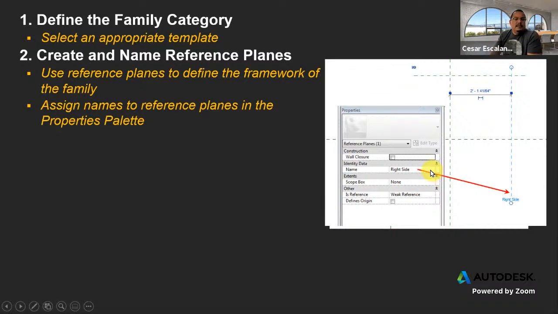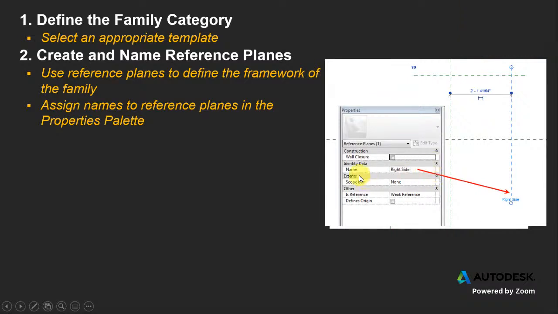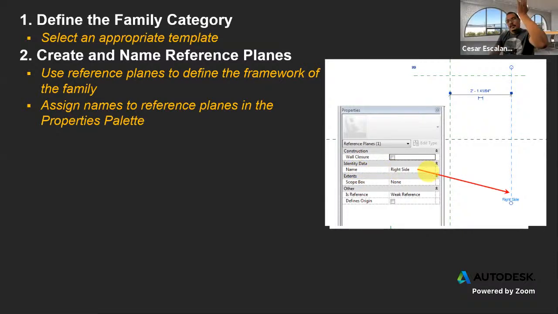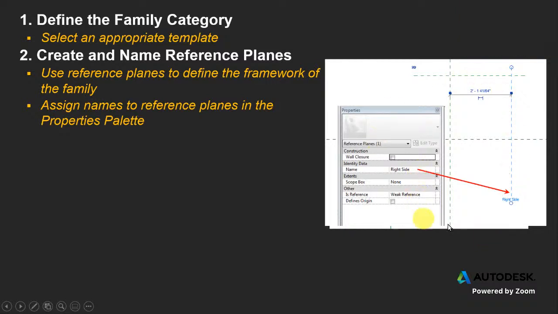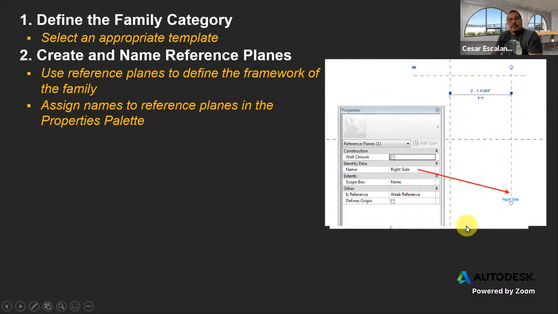You're going to find like 8 or 9 different identity options, for example front side, back side, top side, bottom side. Or you can override the name with a custom name. But reference planes that have a strong presence really need to have their own name.